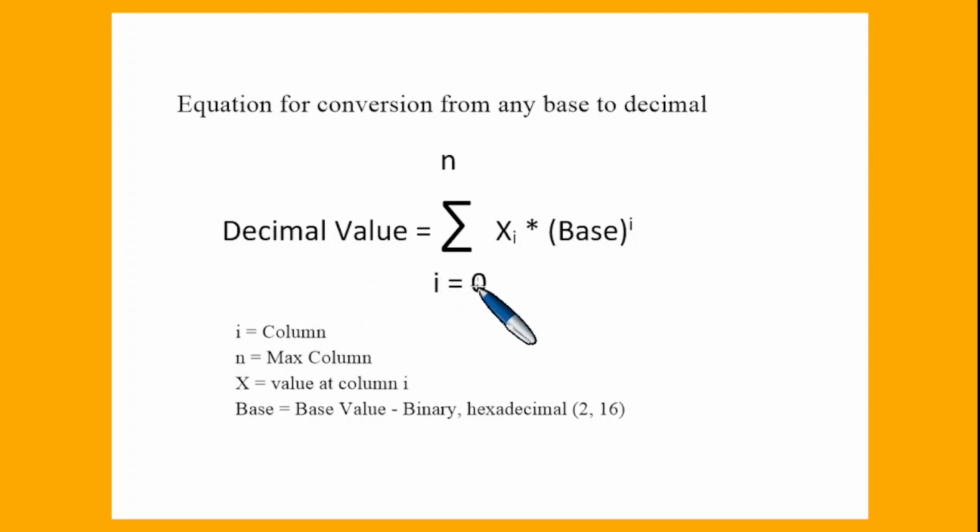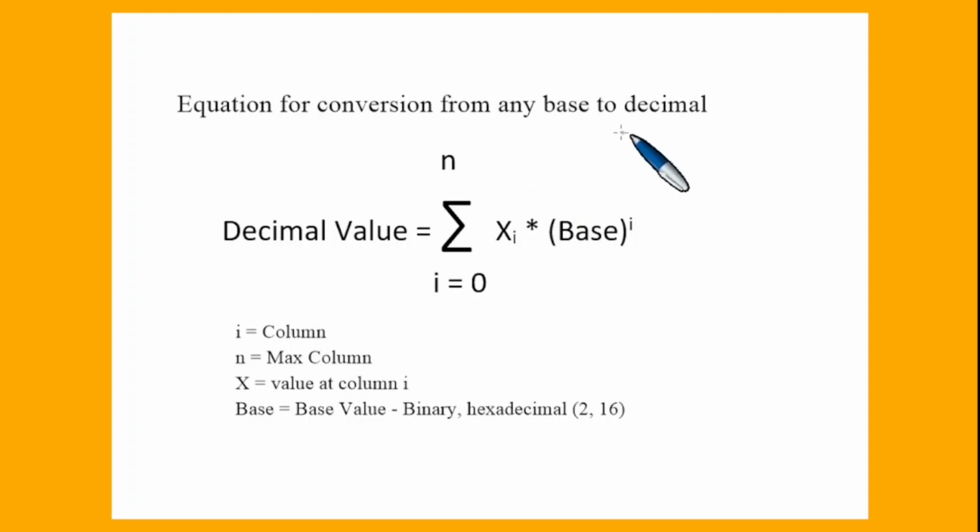So we start with column 0, and whatever the value is in column 0, that's what this x represents right here. And then it's going to be multiplied times the base to whatever that column number is.